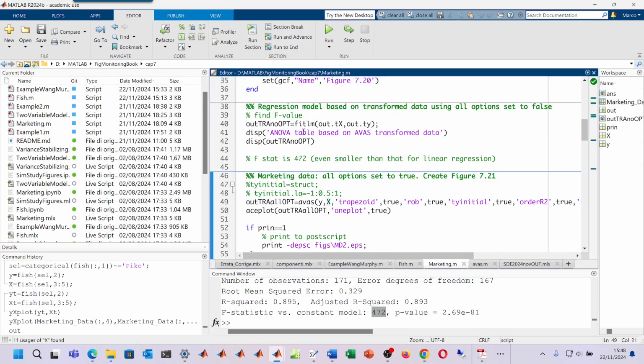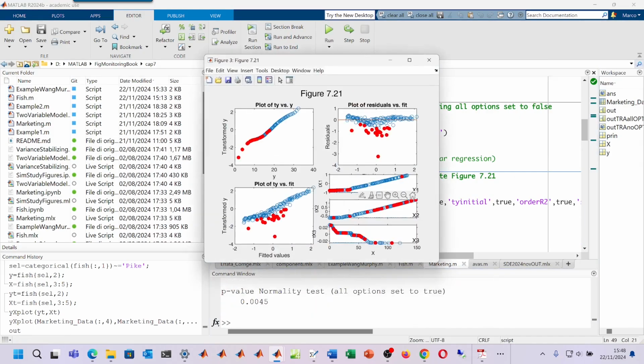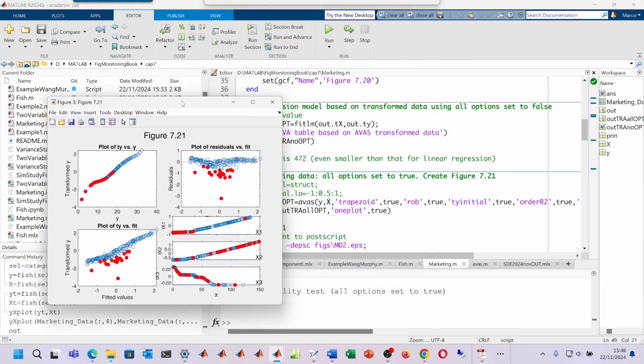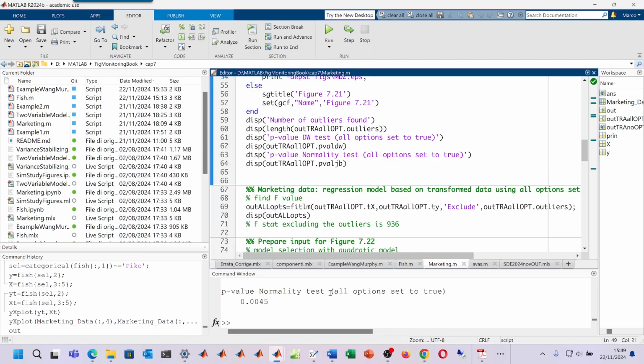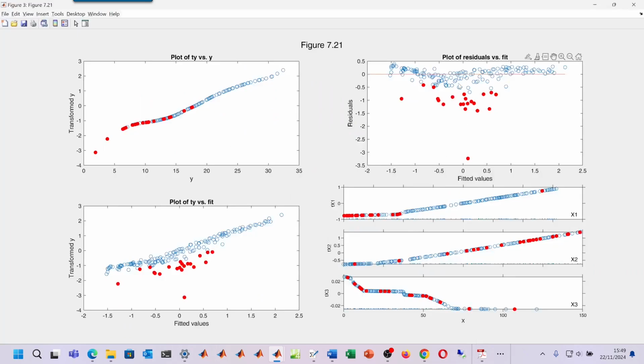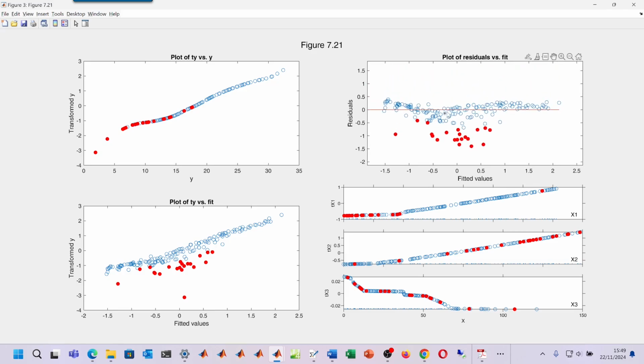Now we apply our AVAS procedure, but this time with all options set to true. We find a set of outlying observations. Here we'll also impose the monotonicity constraints because it has a marketing interpretation. The p-values of the Durbin-Watson and the normality test are very small. And in fact, if you look carefully at the top right panel, you can see that there is a pattern in the residuals.